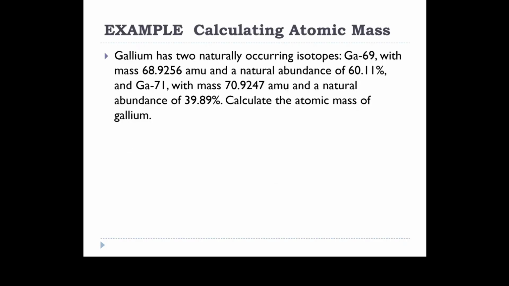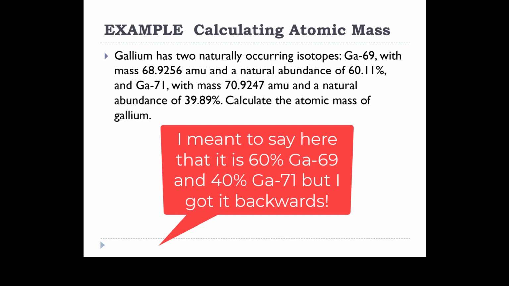All right, so we're going to have you guys calculate this one and see if you can figure out how to do it, okay? So 2 naturally occurring isotopes of gallium. We got gallium-69, gallium-71. We want you to calculate the atomic mass of gallium. Now, take a look at the numbers for just a second, all right? It's 60% gallium-71, and it's roughly 40% gallium-69.